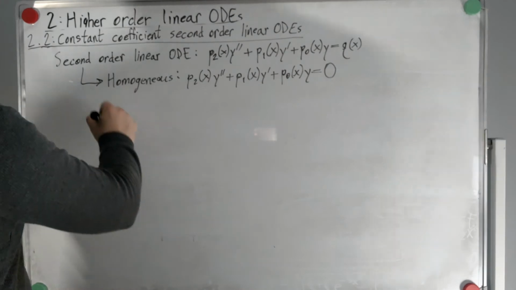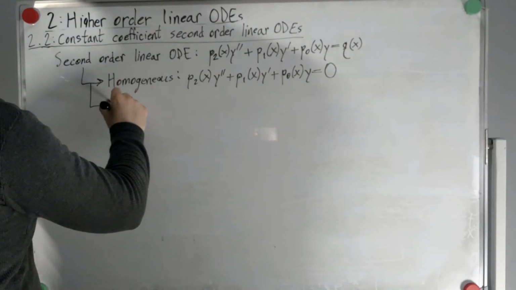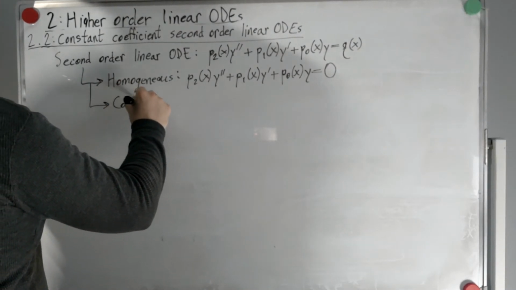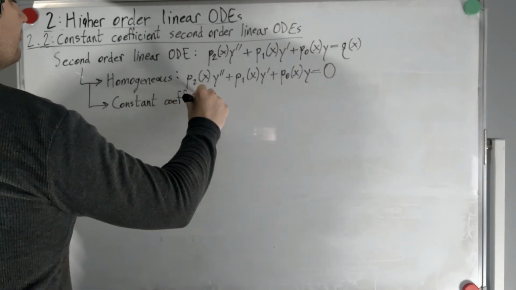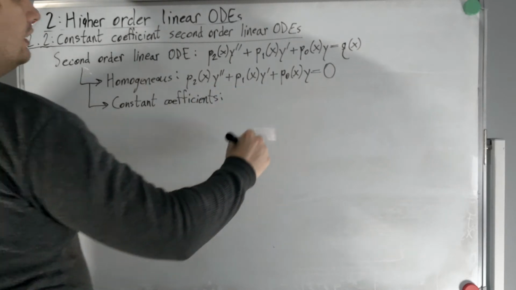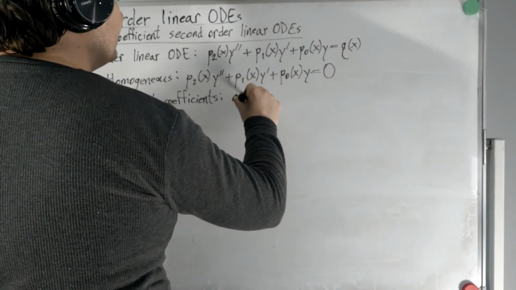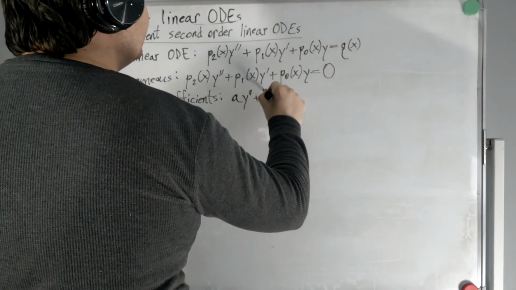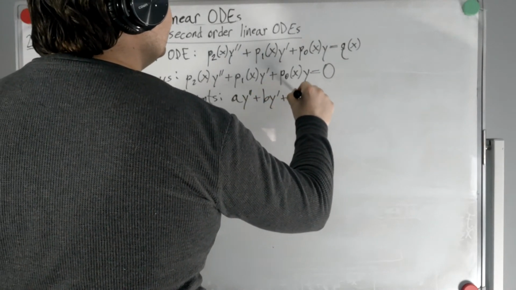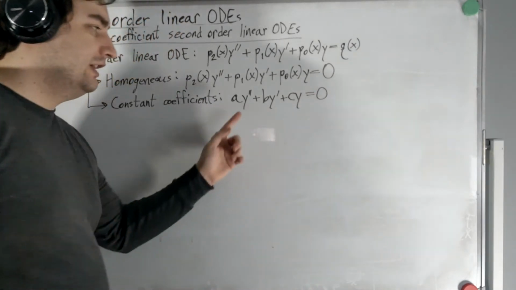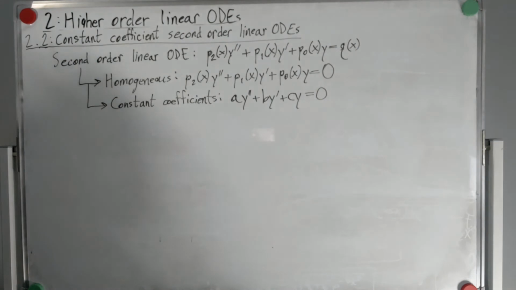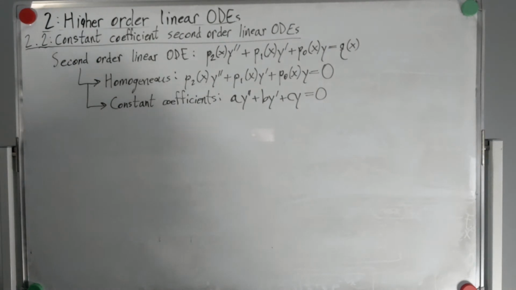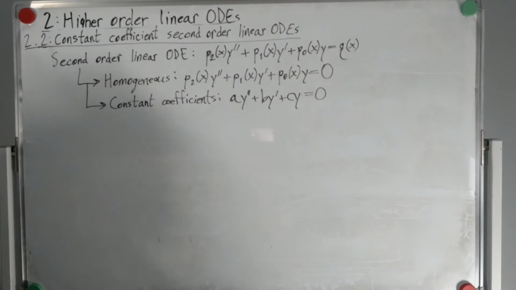Then, if you say you have constant coefficients, that looks like a constant times y'' plus a constant times y' plus a constant times y equals 0. That's the kind that we're going to solve today. Or at least we're going to start solving them. The truth is that there's actually a little more to it than can be covered in a single class.